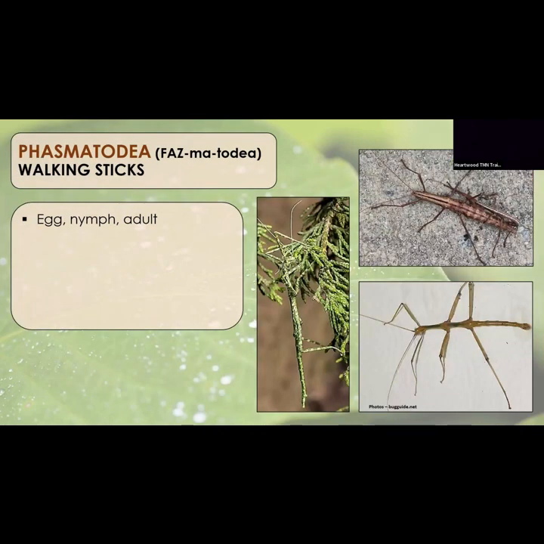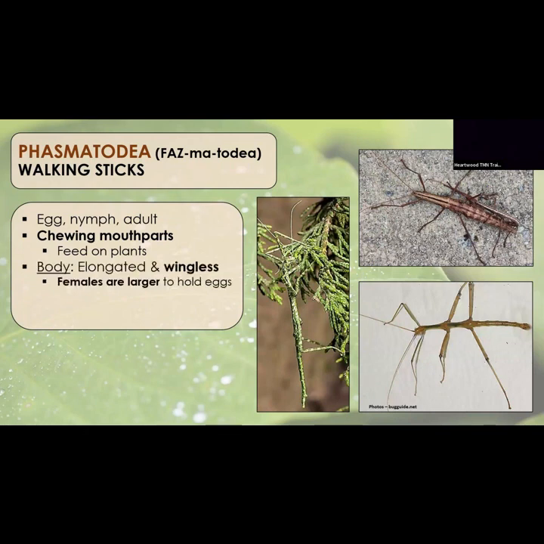The next are walking sticks. I don't have one in resin, but I do have a couple there. Walking sticks have chewing mouth parts. They feed on plants. They camouflage. They look like sticks because that's where they live. They're trying not to get eaten, and they're very good at that. They're elongated and wingless.